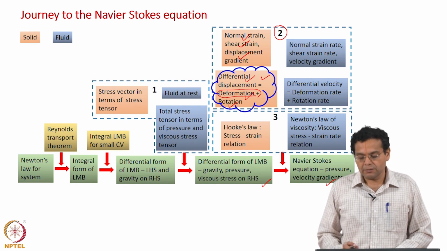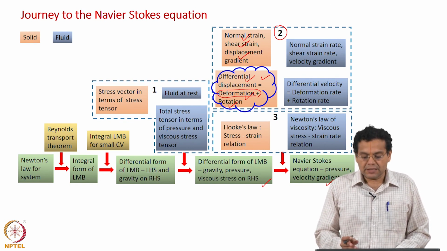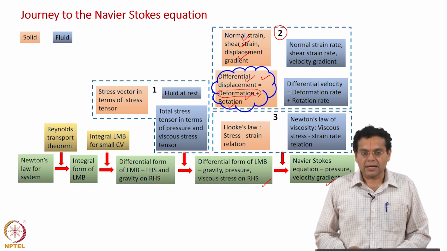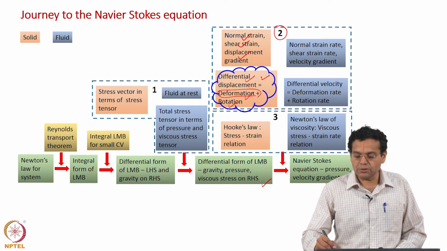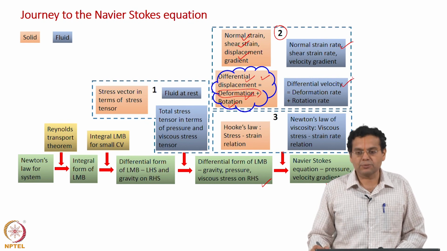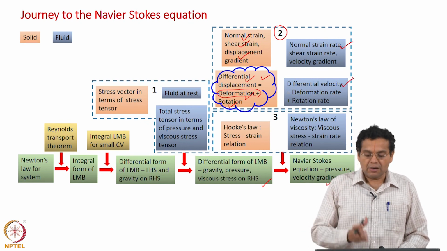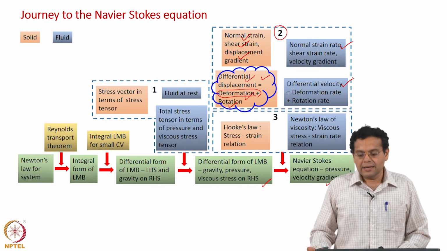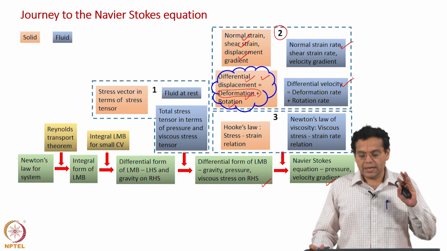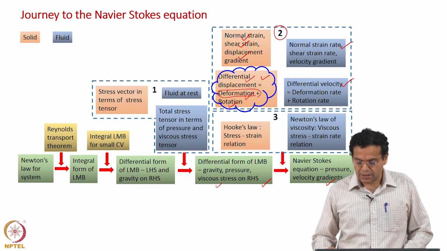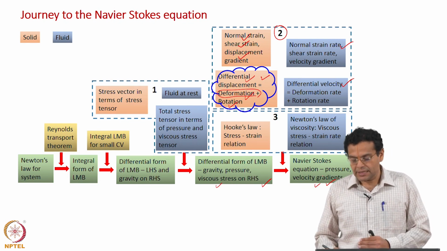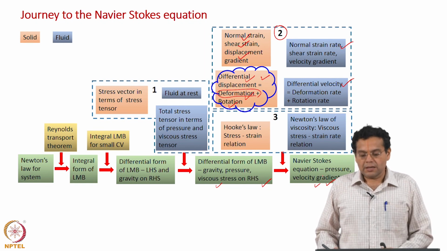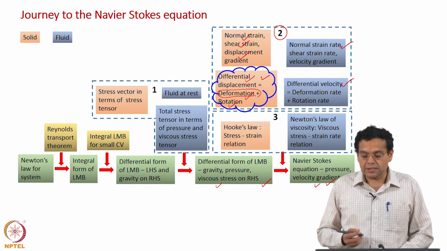So, in terms of the plan, now that we have discussed all the concepts of solid mechanics and understood the displacement gradient, it is time for us to go to fluid mechanics, discuss these two blocks, and see how all these concepts analogously apply for the case of fluids. What is our objective? To relate the viscous stresses to velocity gradient. To understand velocity gradient, we came to solid mechanics and discussed displacement gradient.